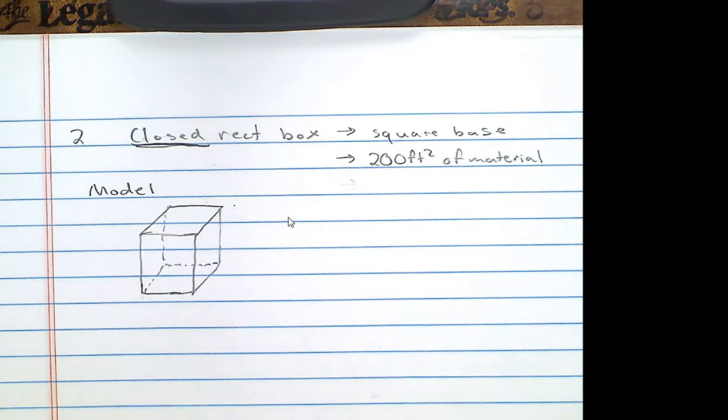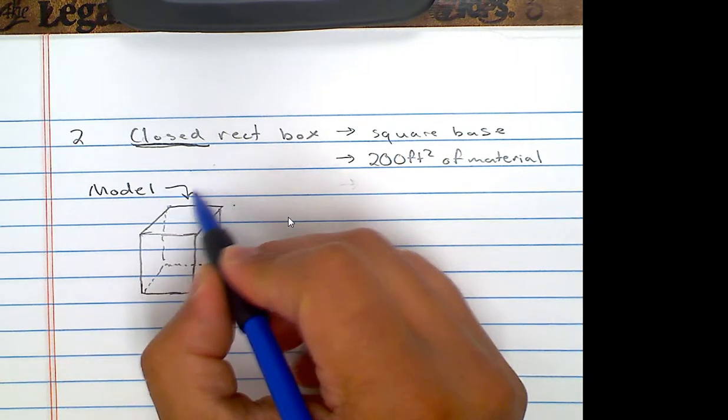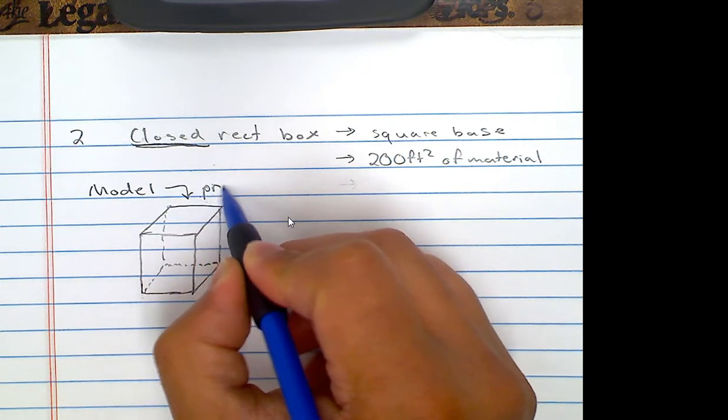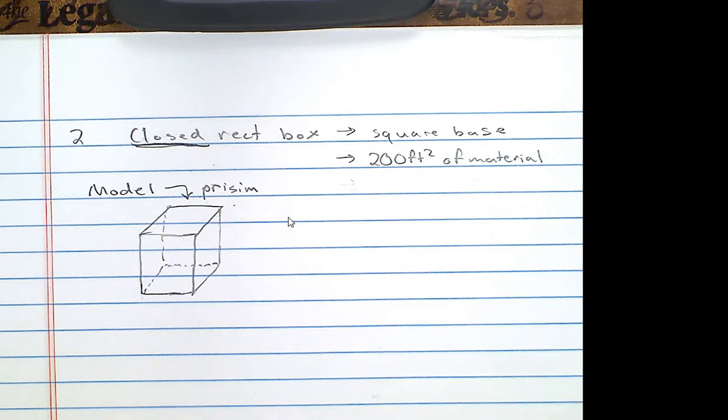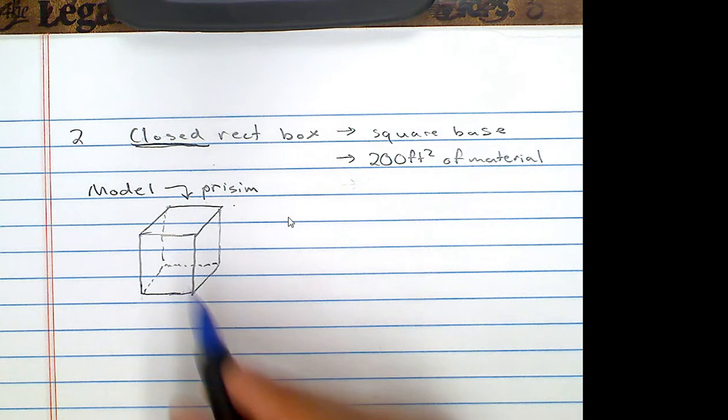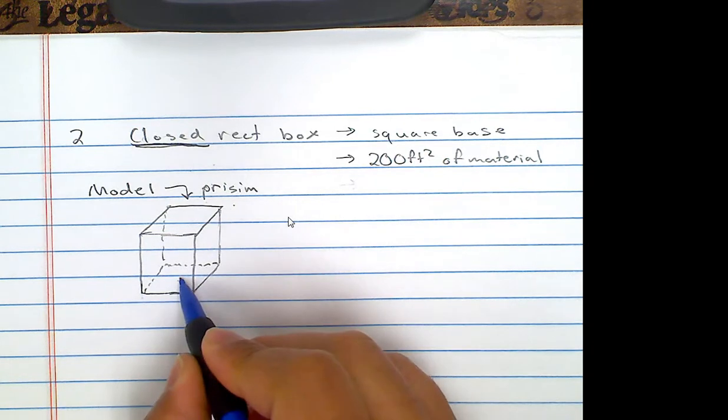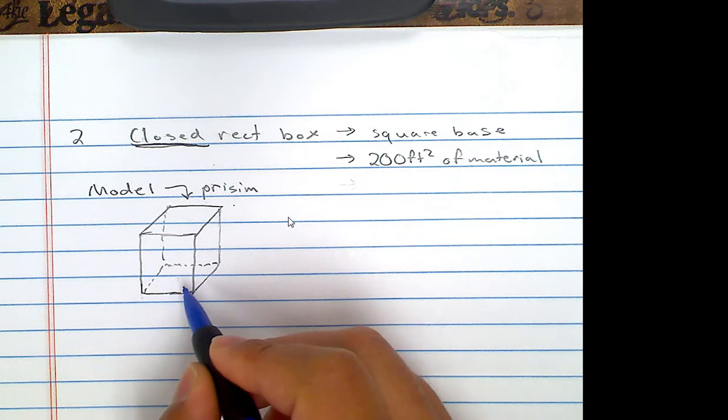Alright. What is this? This is actually a prism. In fact, any box that you get from Home Depot or in the mail, UPS, any box that's shaped as a rectangular something or other, that has a regular base, equal sides and equal angles, it's a prism.